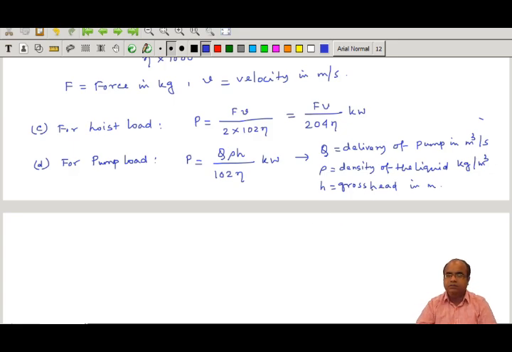This gross head will include the static head as well as the friction head. Okay, both are considered here.